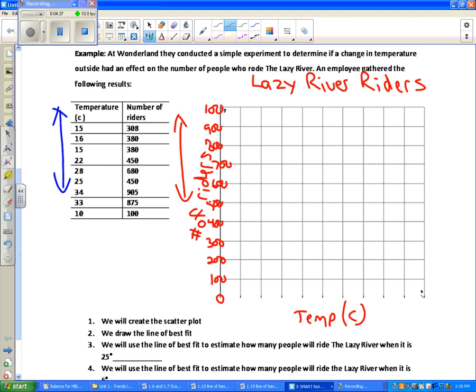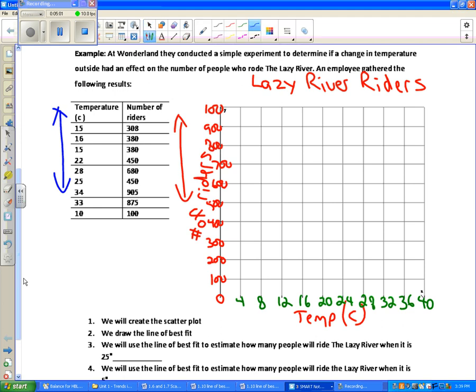My temperature scale is not going to be quite as neat. I have to go up by 4s, I think, to make everything fit. So I'm going to go 0, 4, 8, 12, 16, 20, 24, 28, 32, 36, and 40.